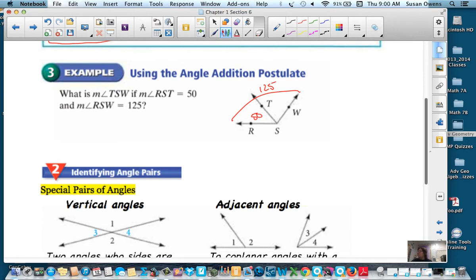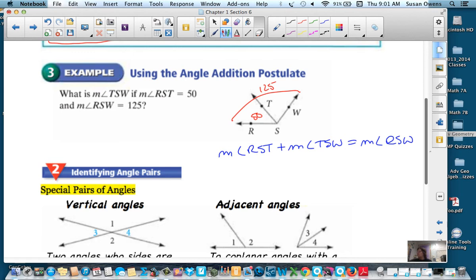So this is angle addition postulate, if I take the measure of angle RST plus the measure of angle TSW, that should be equal to the measure of angle RSW. And if anyone ever asked me the reason, suppose you're doing a proof, that would be angle addition postulate.